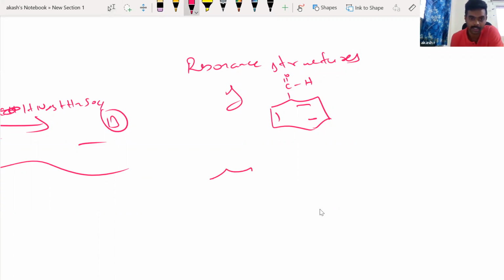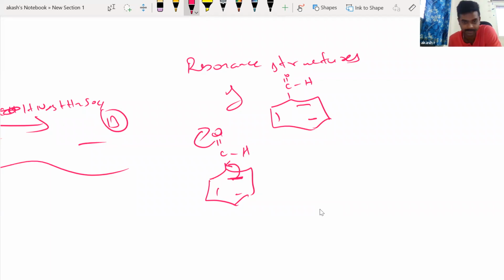Okay, fine, people. So we have C double bond O with one H. Now, the first step of the resonance structure should start from this double bond. This double bond will directly shift here, and then this bond will break.